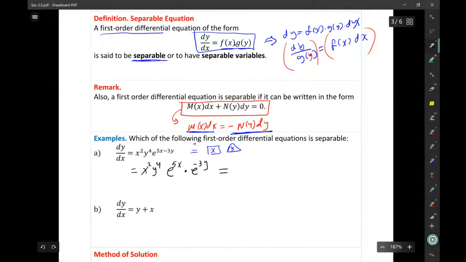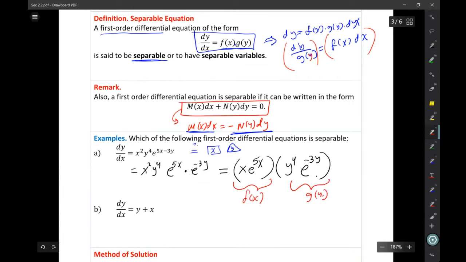Now separate, because all of them are a product: x squared e to the power 5x times y to the power 4 e to the power minus 3y. So this is the function f of x, and this is the function g of y. So it is a separable differential equation.